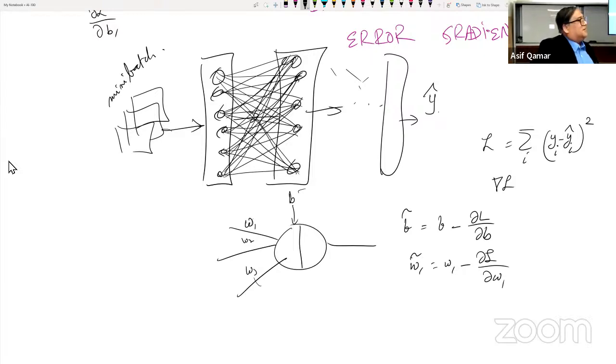So what if the answer is yes or no? Then your loss function is different. We'll come to the classification loss function, but you can do that. Machines never produce yes or no; that is your interpretation. They produce a probability, a number between 0 and 1. If the number is greater than half, you say yes. Let's say you're shown a cat, and the machine initially says probability of cat is 0.2.